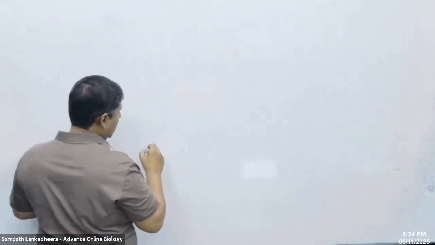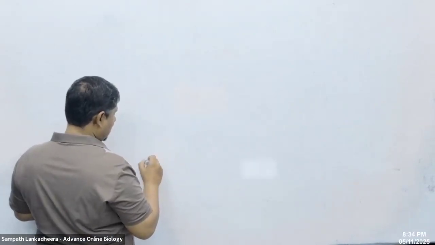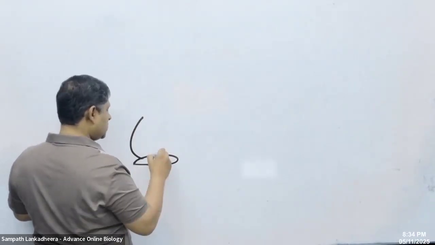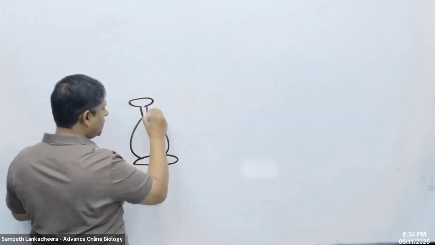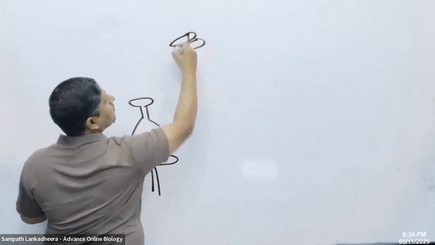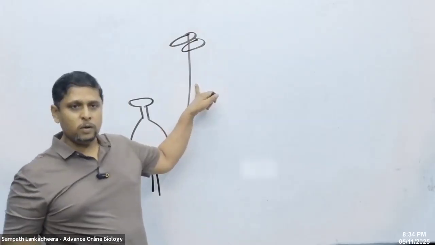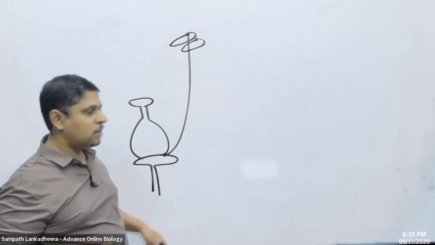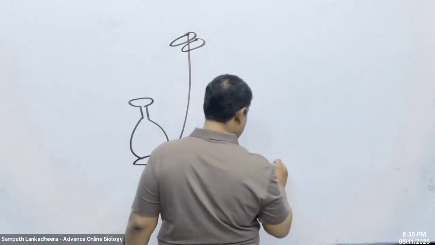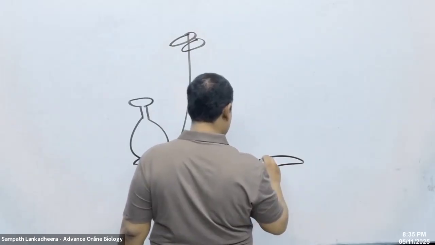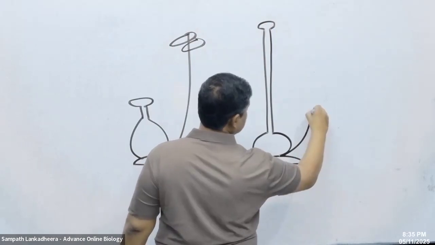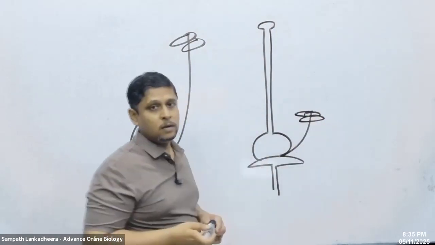Heterostyly is this. Let's take this as a flower. This is the gynoecium, with a short stigma and long anthers, meaning the filament is long. It can also be the other way around, with the stigma tall and the anthers short.